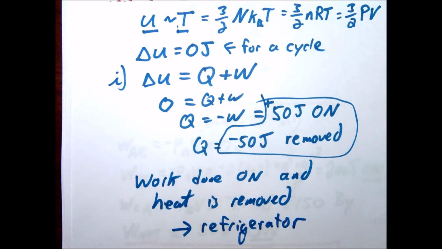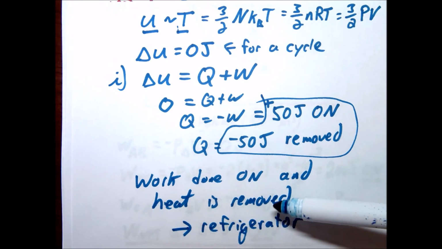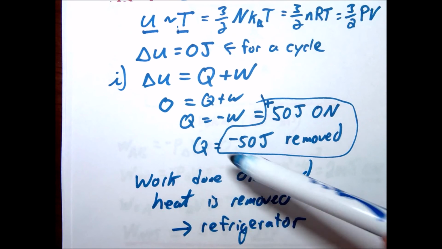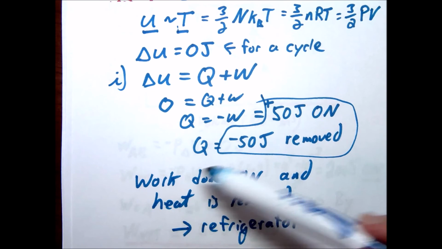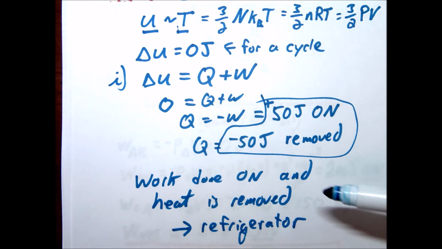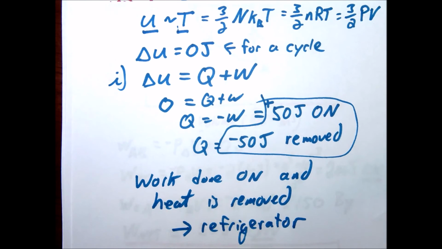In a refrigerator, ultimately work is done on, and obviously you know heat is removed from the inside of your refrigerator. In fact, if you were to look on the back of your refrigerator, you'd see what's called a compressor. The purpose of the compressor is to have work done on. And then actually, if you go to the back of your refrigerator right now, what you'll notice is that it's hot back there. And that's because the purpose of this is to remove heat from the inside, and it's removing it to the outside.